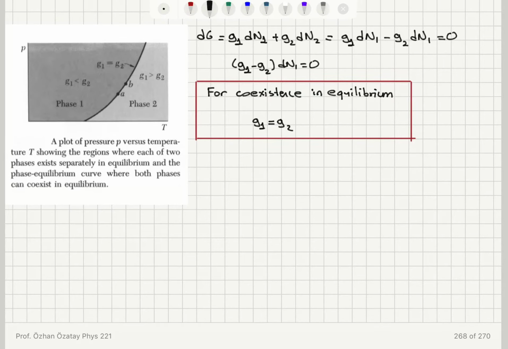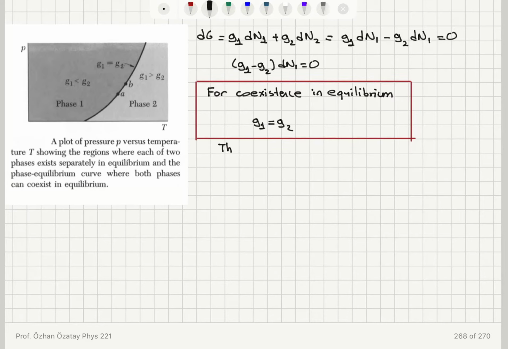So it's a direct consequence of the minimization of the total Gibbs free energy. For coexistence in equilibrium, we must have the Gibbs free energy per molecule the same. Basically, if you have a number of molecules transforming from phase 1 to phase 2, if there is a dN1 which is non-zero, it doesn't affect the value of the total Gibbs free energy, G. All right, so that's the meaning.